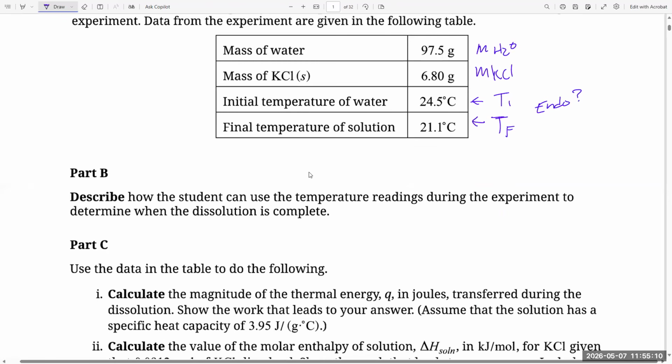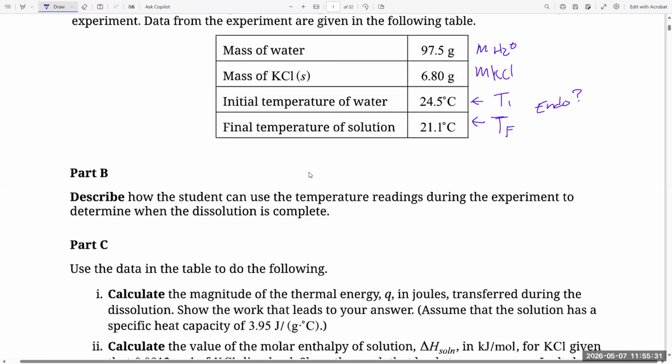All right, so part B, describe how the student can use the temperature readings during the experiment to determine when the dissolution is complete. So our guess is that the temperature reduction is due to a thermodynamic phenomenon happening as the dissolution happens.